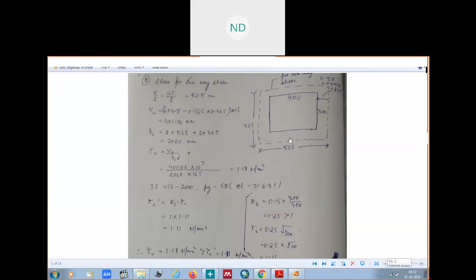This much is 82.5. From here again we have 82.5. That means d by 2 this distance, d by 2 this distance, 82.5, 82.5.